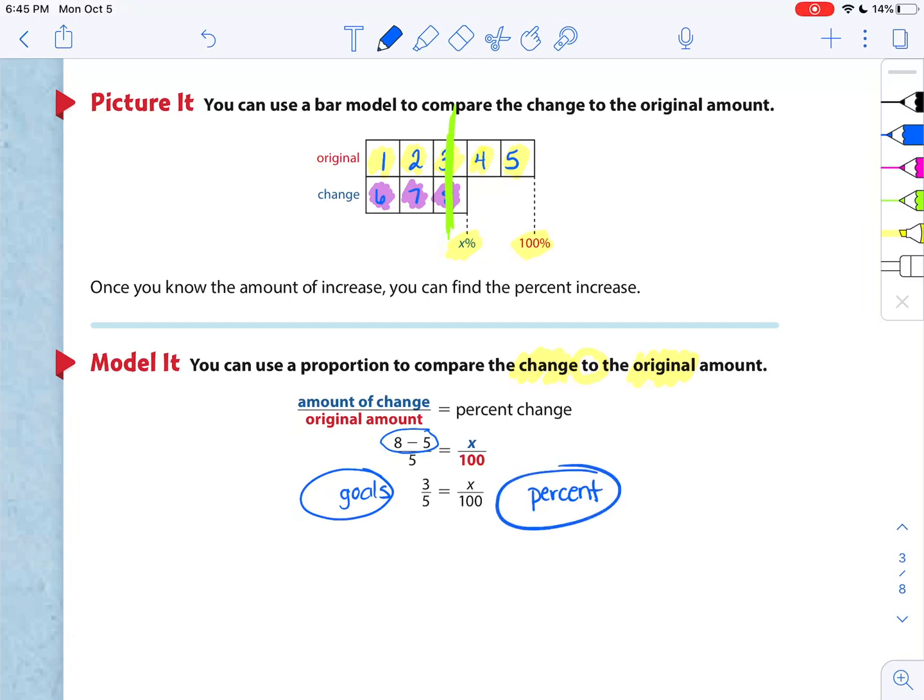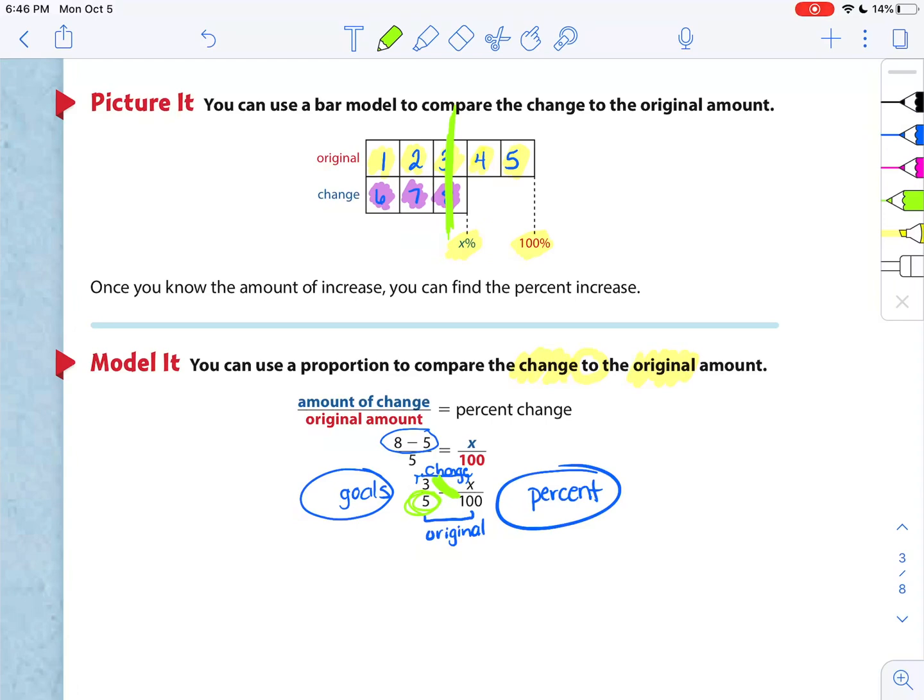Going across, we have the change on the top, and across the bottom we have the original. Make sure everything is lined up, with the things in common on the left, the other things in common on the right, and in common going across. Once you have a proportion set up, you can then cross multiply 3 times 100 divided by 5.